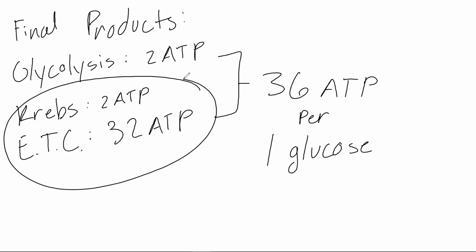Your anaerobic organisms stop at glycolysis. Glycolysis is the only thing they can do. They can just snap a glucose in half, make 2 ATPs worth of energy, and then call it a day, right? So when we talk about anaerobic respiration, respiration without oxygen, you can't do the Krebs cycle and you can't do the electron transport chain. So what can you do? You can do something called fermentation.